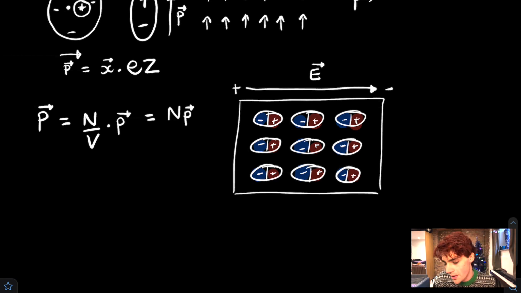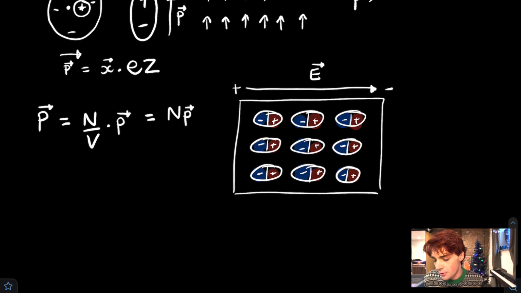So now I want to ask, what is the electric field at any point within this dielectric material? If we have an electric field that's been applied by, say, a capacitor or a parallel plate or just some kind of battery in general, what is the electric field that's within this point right here, within the dielectric?